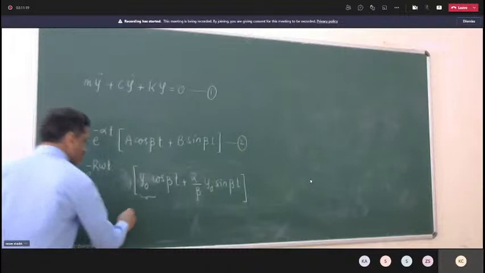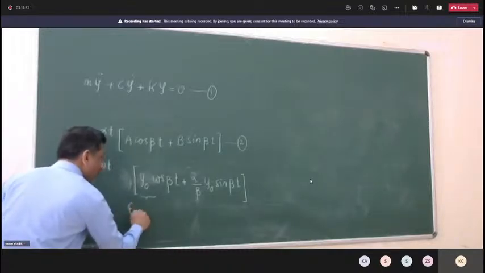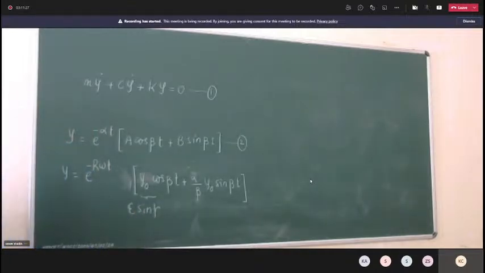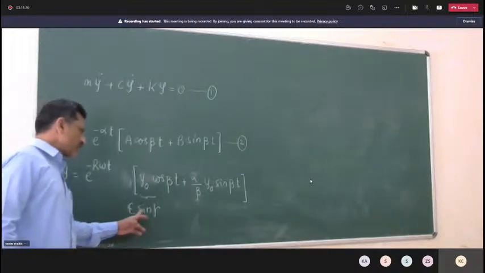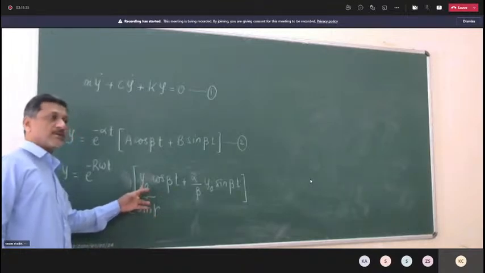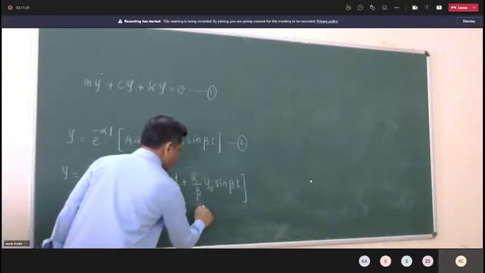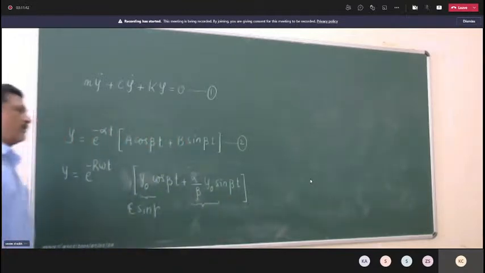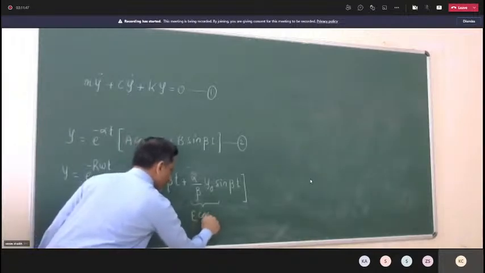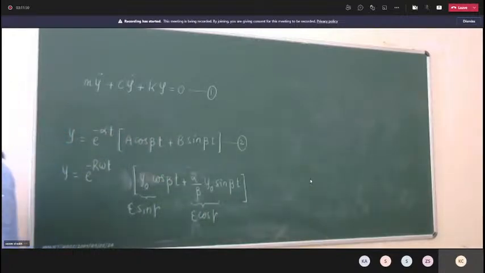Can I assume some other constant like E sin gamma? E is constant, gamma is constant. Multiplication of two constants will be a constant. Similarly, is this term constant? I will assume this constant as E cos gamma. Do you agree? Is it acceptable? You can do it.